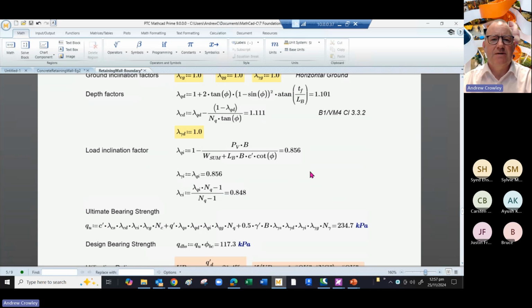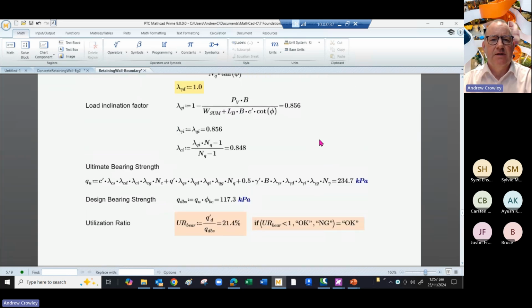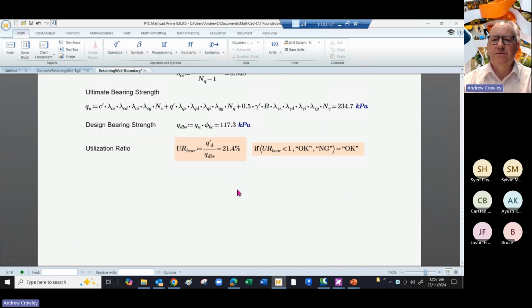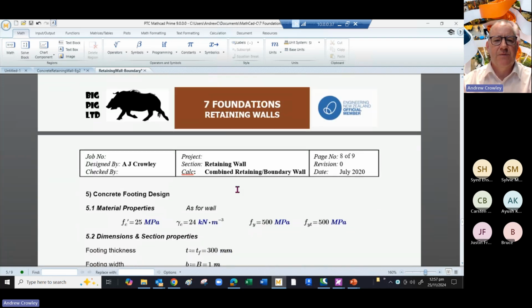We've got depth factors calculated and our load inclination factors worked out from the loading above, which gives us an ultimate bearing strength of 234 and a design bearing strength of 117. So our bearing strength utilization is 21% based on that. So we're okay with that.